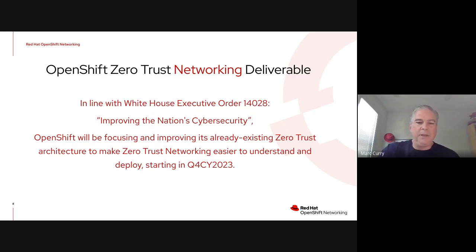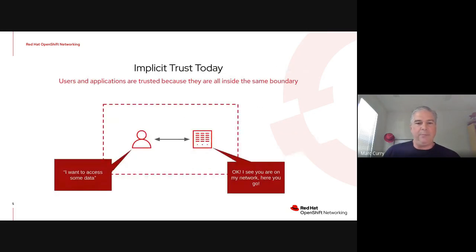If you're doing any sort of public sector work at all, then you need to ensure that your product and its deployments are protected in a very zero trust way, for lack of a better way to describe it. So that's what this is really all about. That's why we are expending this effort. And I'll talk a little bit more about what the effort actually is in a bit.